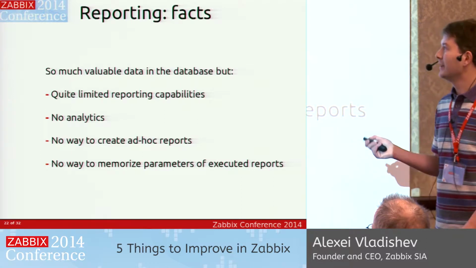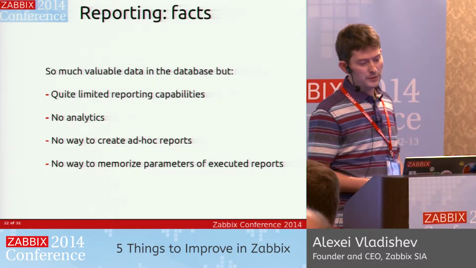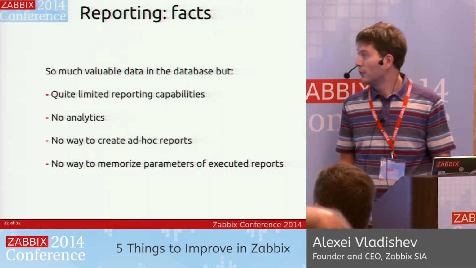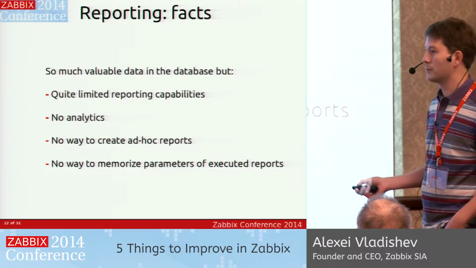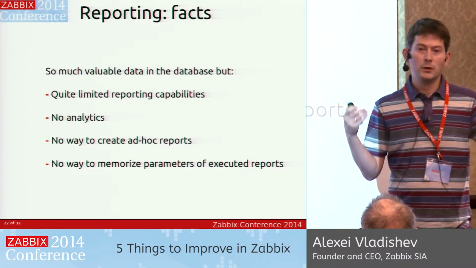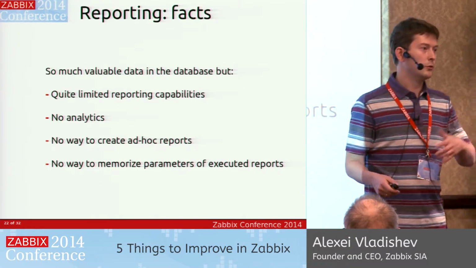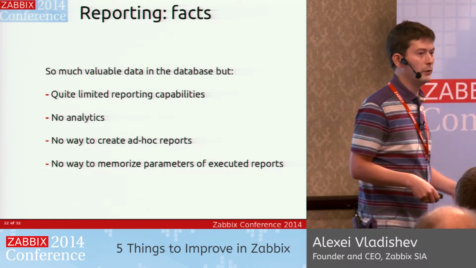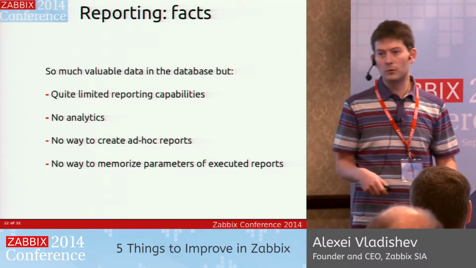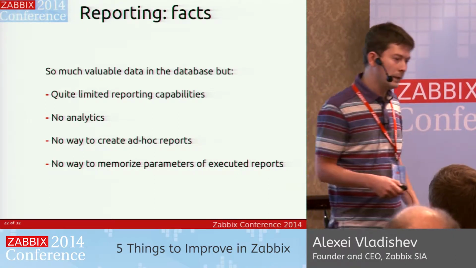We have really quite limited reporting capabilities, no analytics, no way to create ad hoc reports, no way to memorize parameters of executed reports. Now you just select some host groups and execute a report, but then in order to rerun this report, you need to do it over and over again: select host groups, select some parameters, time periods, and run this report.